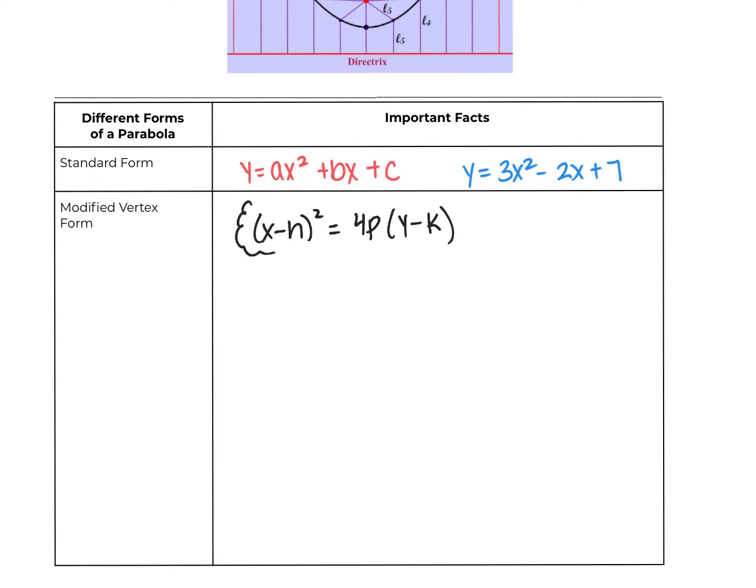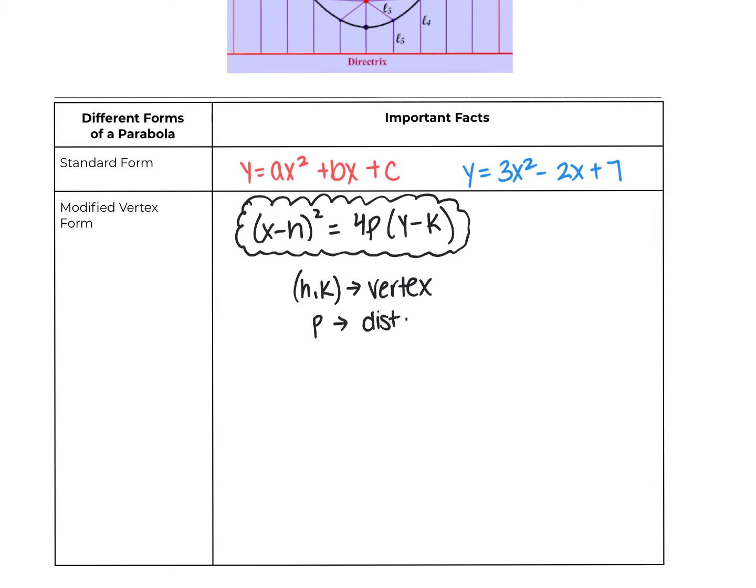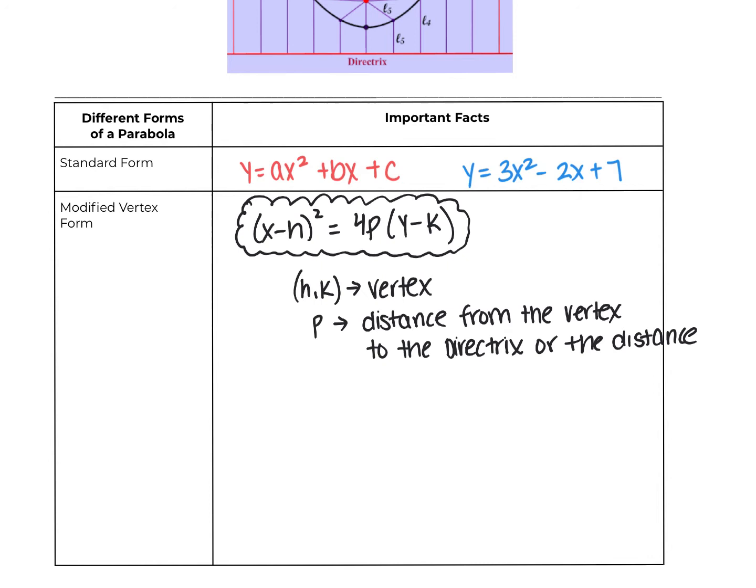This is your new equation for a parabola, where (h, k) is our vertex, and p is the distance from the vertex to the directrix, or from the focus to the vertex.